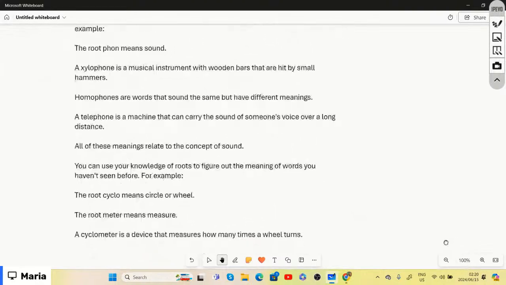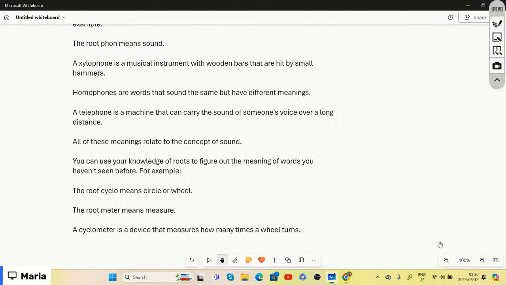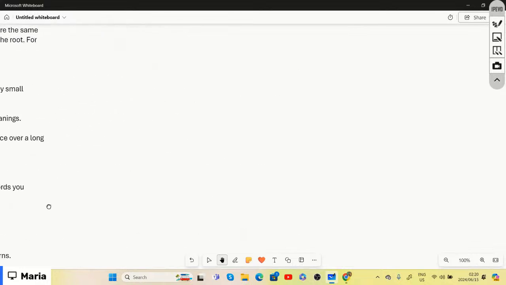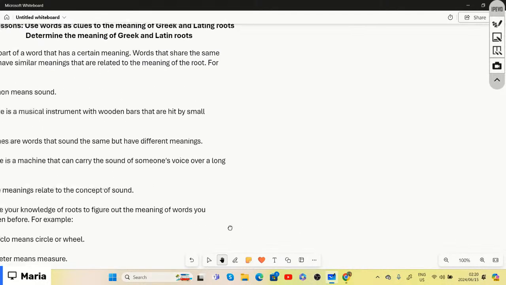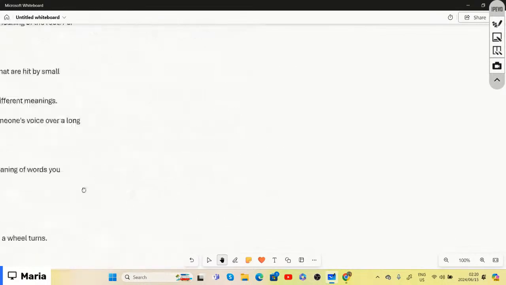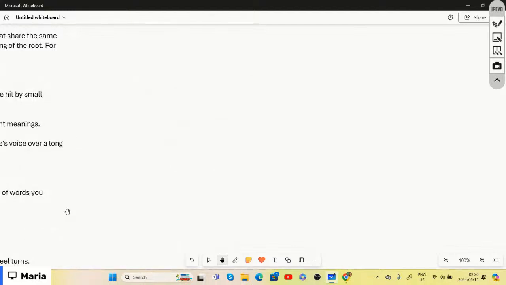All right. And if we look at words with the root word cyclo, because now we want to at least try to get some form of idea as to what we said. Cyclo means circle or to turn or wheel, and the root meter means to measure.